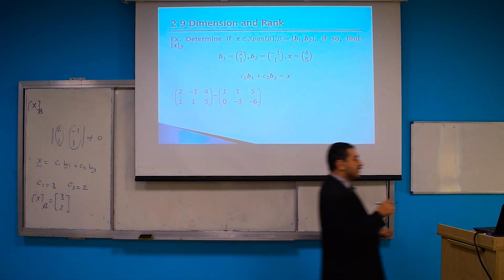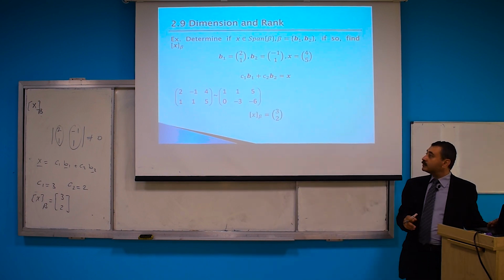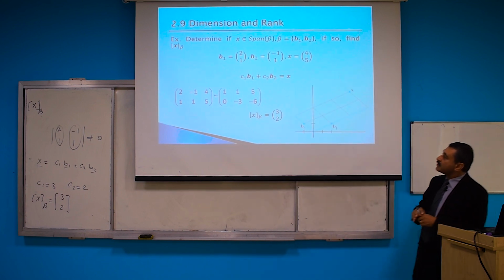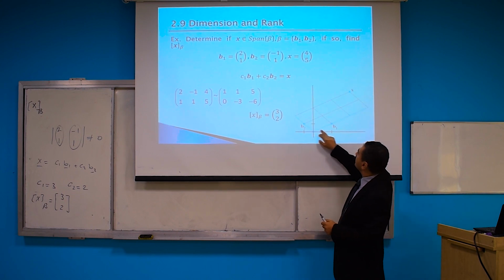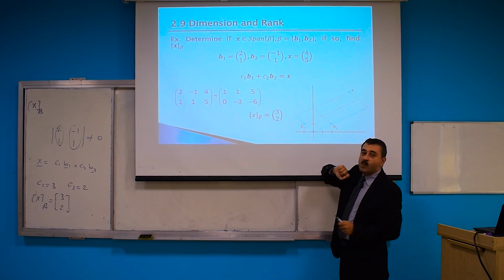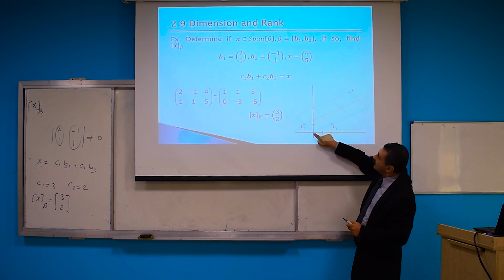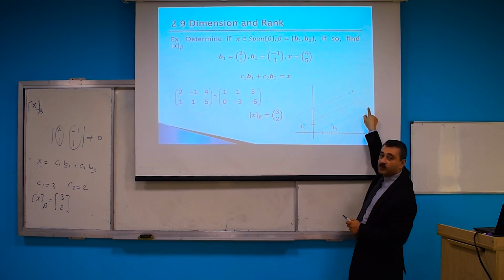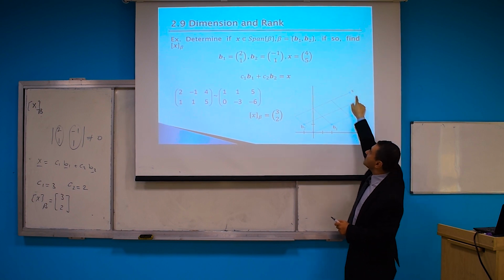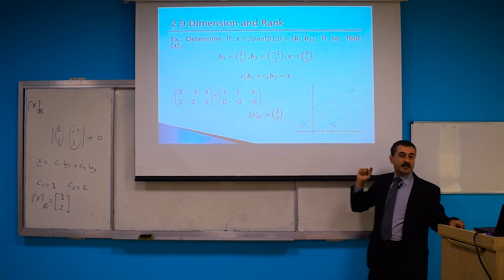If you try to graph this, this is, for example, the vector b1, and this is b2. And how to reach x? You take 3 times b1 plus 2 times b2 to reach your x.